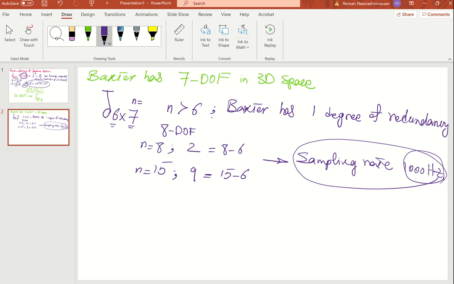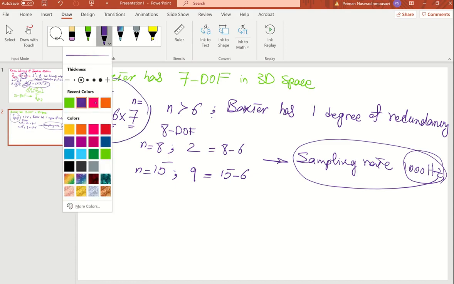Okay, so now let's get back to the Jacobian of the Baxter. In this case, I have to introduce a new concept.